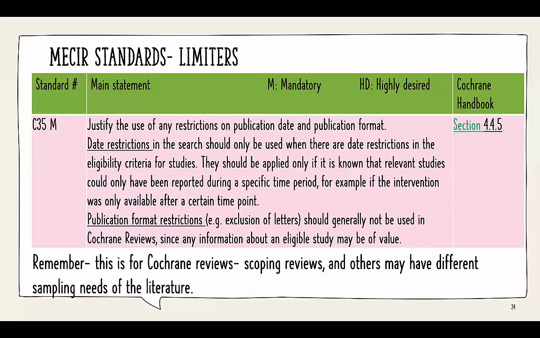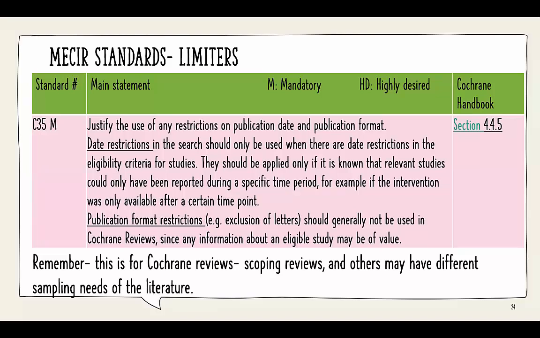So here, Cochrane's advice is that the search should only be limited by date if there's a really good reason for it. Now, remember, this is just for Cochrane's purposes. If your group is not doing a Cochrane review but, say, a scoping review or something else, where it's maybe not a comprehensive search but more of a sampling search, of course, we're going to limit by date, or if they were updating something.